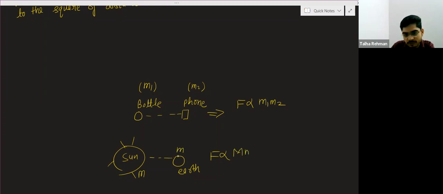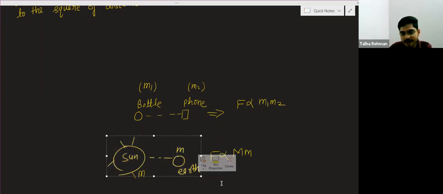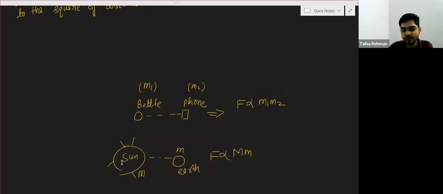So which one will be greater? This F will be greater, or this F will be greater? You can see the mass of the sun is very, very large, and the mass of the earth is very large as compared to these masses. According to Newton, the gravitational force depends upon the product of the masses.